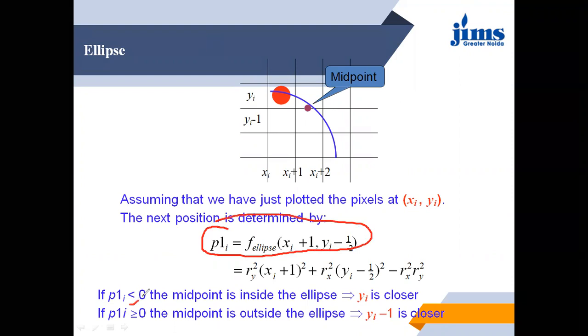If this is less than 0, then we will select yi, and if this is greater than or equal to 0, then we will select yi minus 1. This is exactly similar to the circle, but the expression is different. Keep in mind that the expression is different.